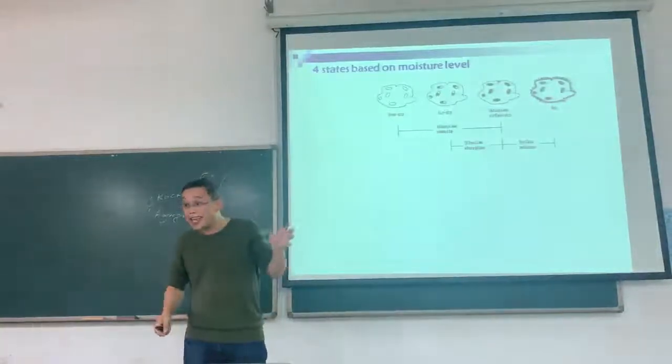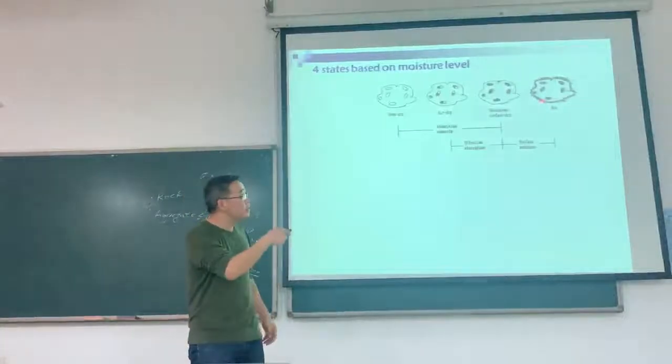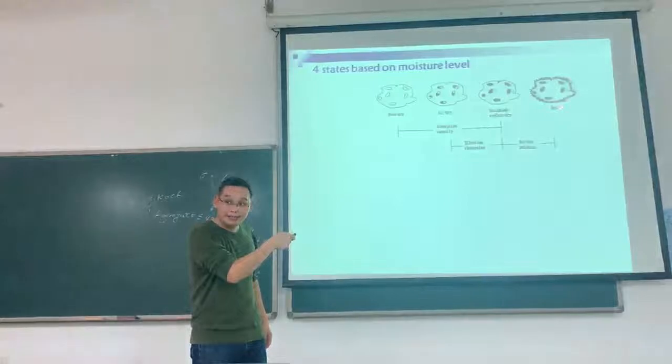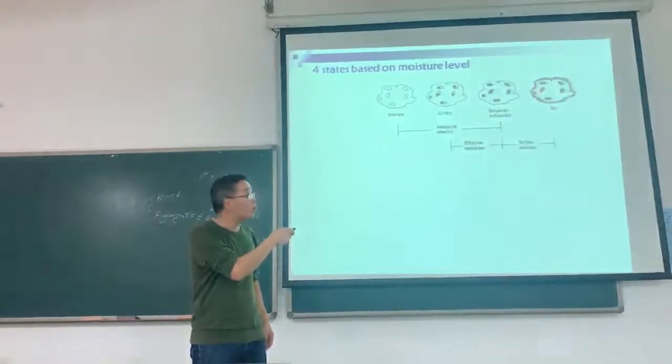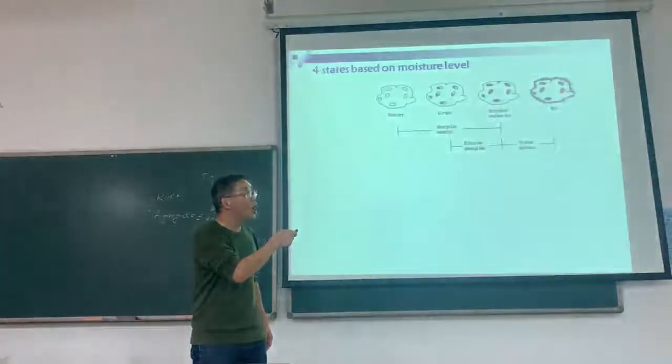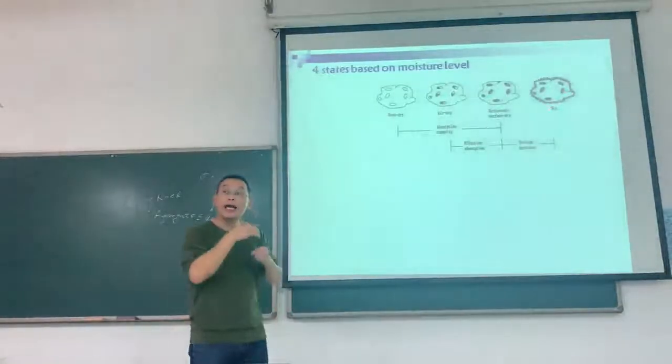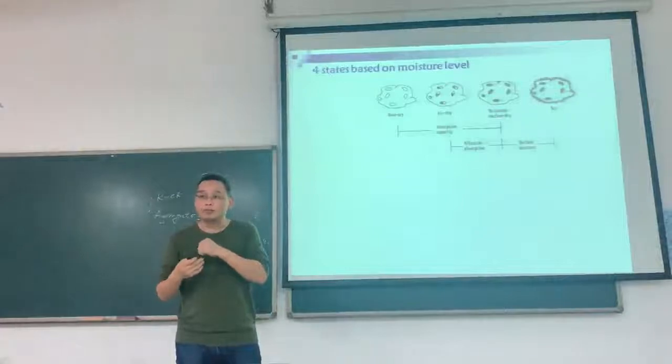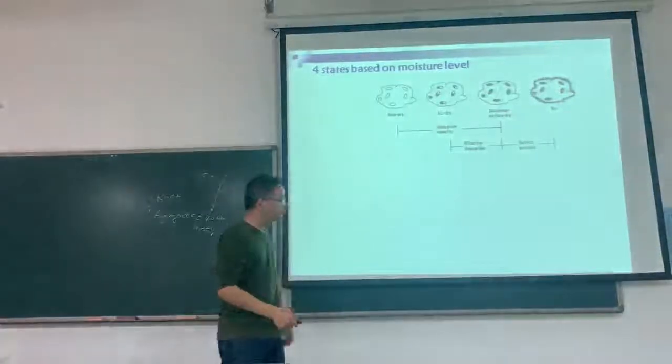Maybe after several days raining, the soil or the aggregate gets the wet state because the pores in the aggregate are full of water and the surface of the aggregate gets the water film. This is the wet state.